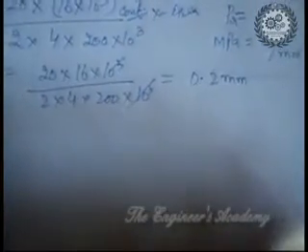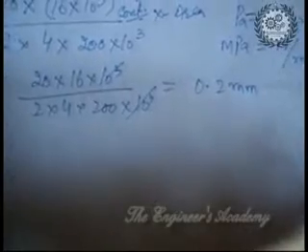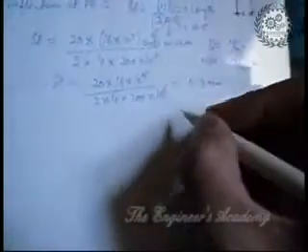The 2 will go. Then solving this, we will be having a value of 0.2 millimeters. So the overall deflection of the wire, considering its total length equal to 16 meters, we will be having a deflection of 0.2 millimeters due to the self weight of the wire.